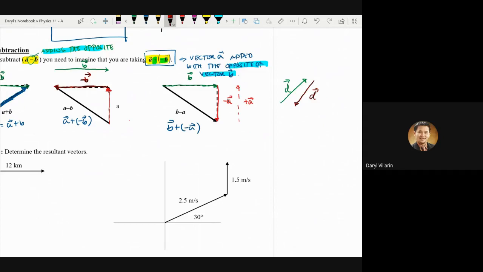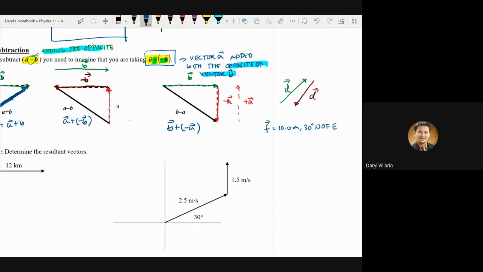Okay? Or let's say, for example, I'm given vector f as 10.0 meters, 30 degrees north of east.